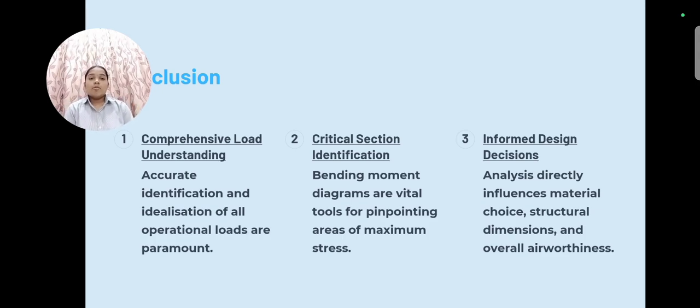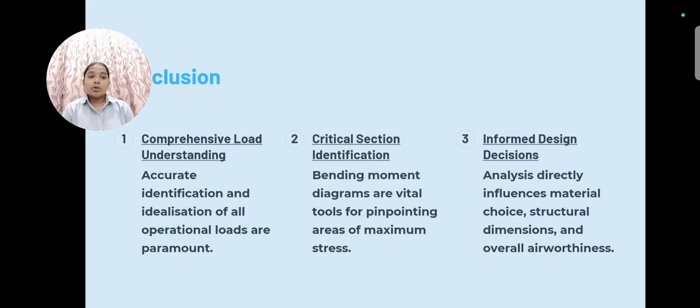So from this, I concluded the following. First, comprehensive load understanding: accurate identification and idealization of all the operational loads are paramount. Then critical section identification: bending moment diagrams are vital tools.